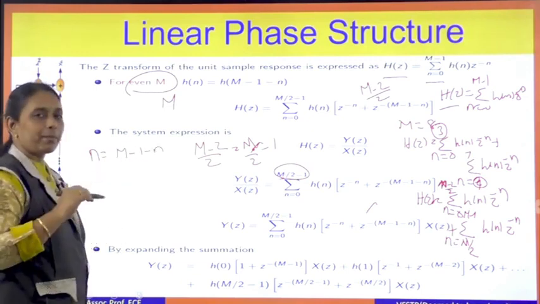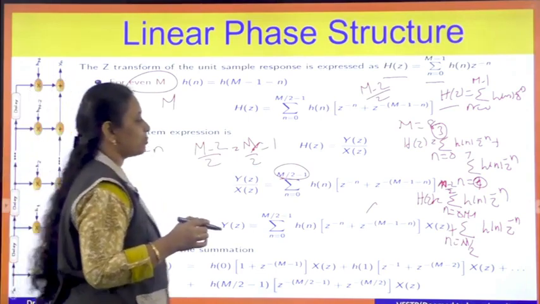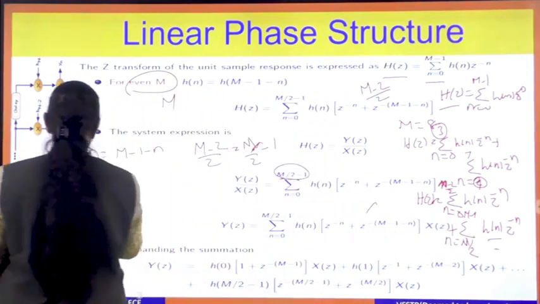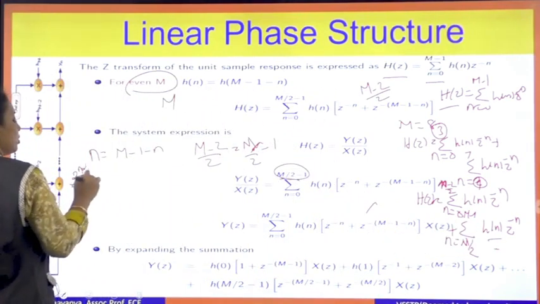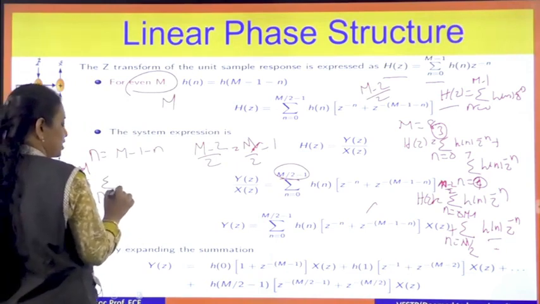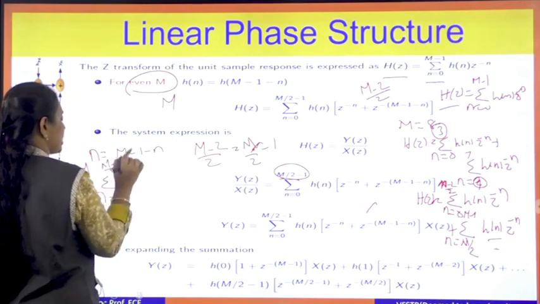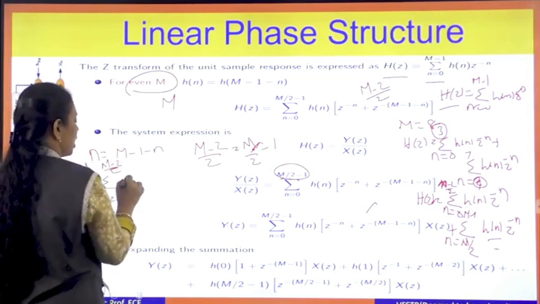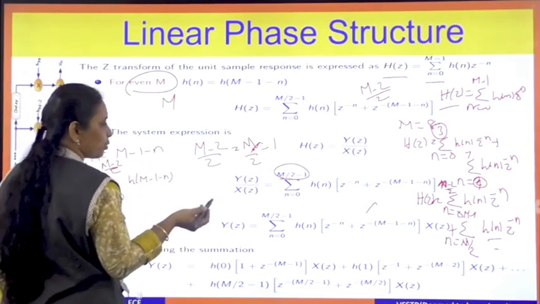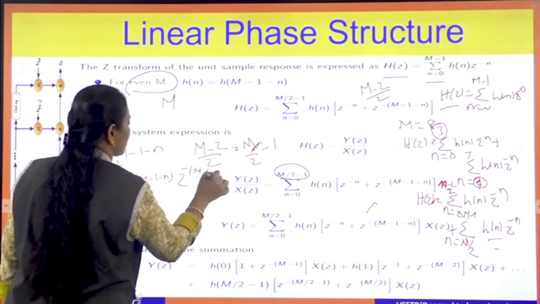In the second summation, I am writing the second summation alone, n varying from 0 to (M minus 2) by 2, h of (M minus 1 minus n) into z power minus (M minus 1 minus n).